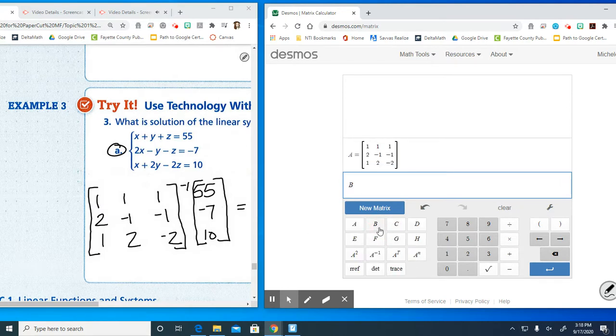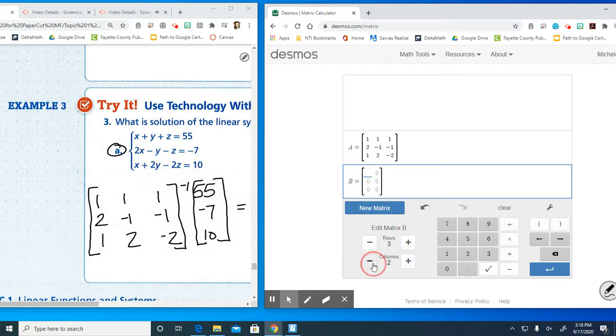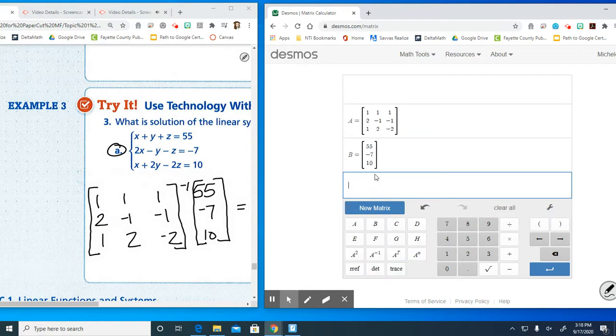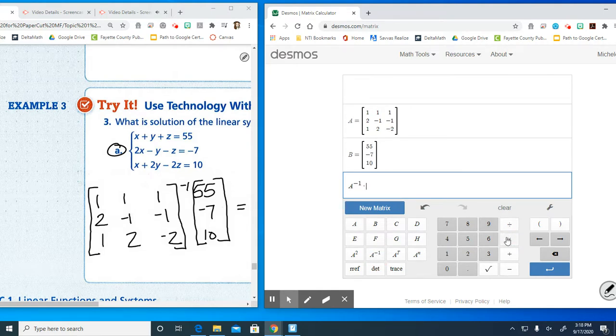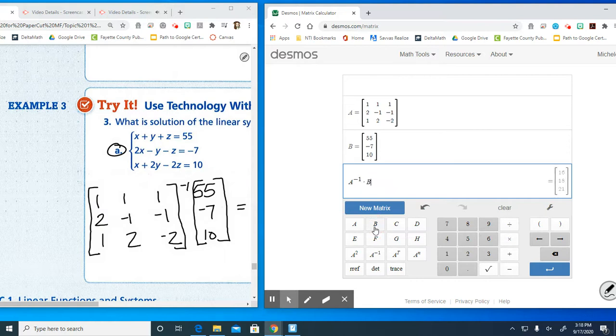I'll set up matrix B. New matrix. Matrix B is a 3-row and 1-column matrix: 55, -7, 10. Okay, so there's my two matrices. I need to take the coefficient matrix, take the inverse of it, and multiply it by the constant matrix.